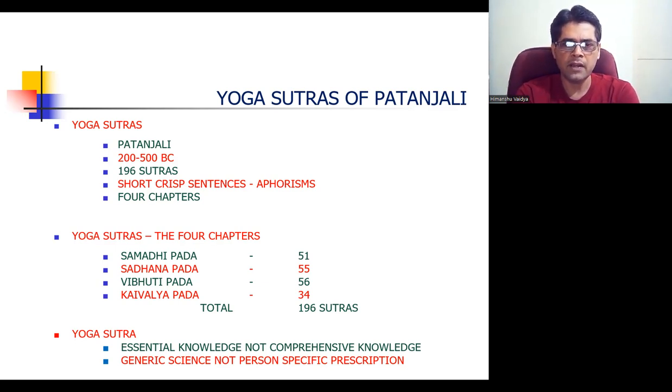So this style of writing is a very good style of writing. Very good when you have to convey essential knowledge and not comprehensive knowledge. When you're dealing with experts and not dealing with masses who would require explanation, examples, allegories.